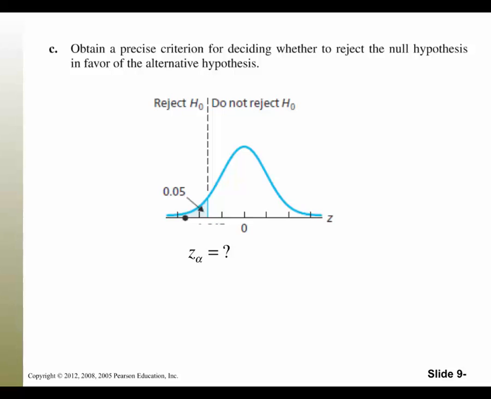She got negative 1.645. Are you seeing that in your chart? If you look in your chart, it's exactly halfway between two different z-scores. So this is the critical value, negative 1.645.